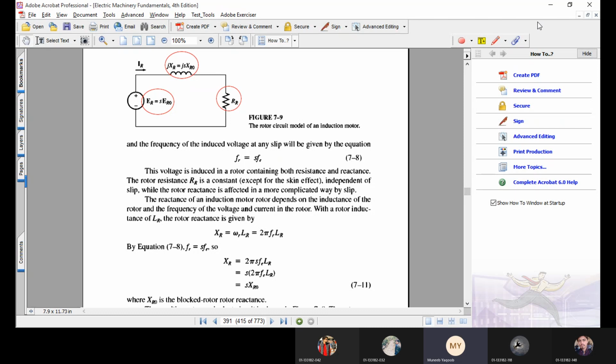Why? Because for inductance, we can write that XR equals 2 pi f LR. So this f is obviously showing that the rotor's inductance depends upon the frequency. So like the voltage, they wrote that the rotor's reactance XR depends upon slip.